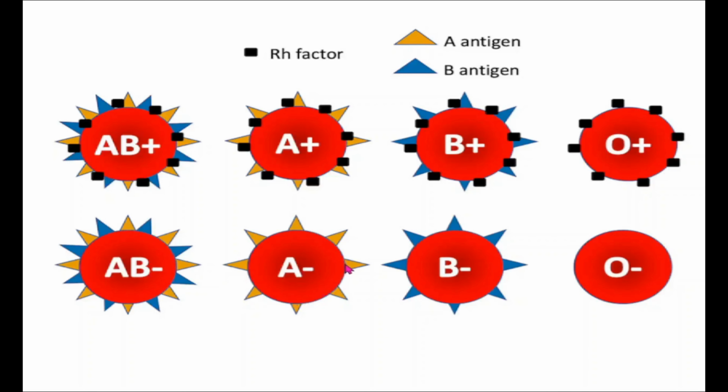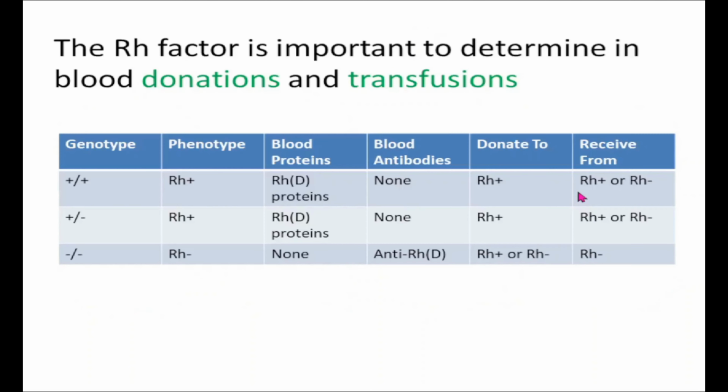A minus: only the A antigen or A protein is here and there is no RH factor. So A minus. In this case only B protein is found on the red blood cell surface and there is no RH factor, then B minus. On the O there is no black square here. That is, there is no RH factor, therefore O minus.